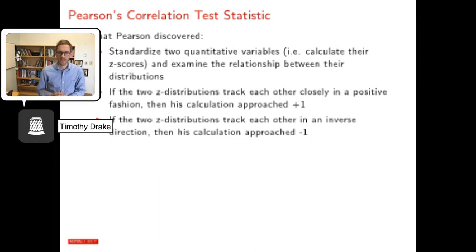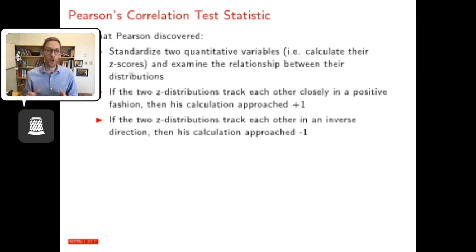All right, the statistician that discovered this test, it's called the Pearson's correlation test statistic. What he discovered was that if he standardized two quantitative variables, and remember what that is, you standardize by making the mean 0 and the standard deviation 1, and tracked the relationship between those z values for each individual case, then he found that if the two distributions tracked each other closely, then his calculation approached +1.